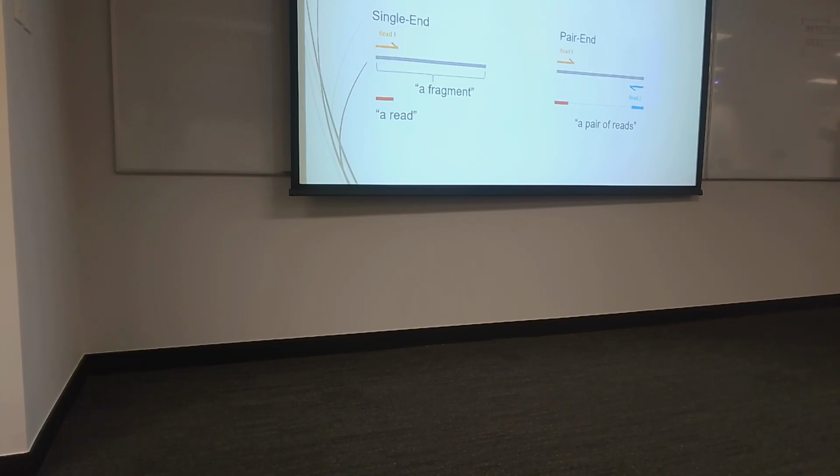The answer is for each sequencing process, for each original DNA, we actually have many copies. We not only have 1 copy of the DNA, we have many copies. And when we do the fragmentation of the DNA, the fragmentation process is random.